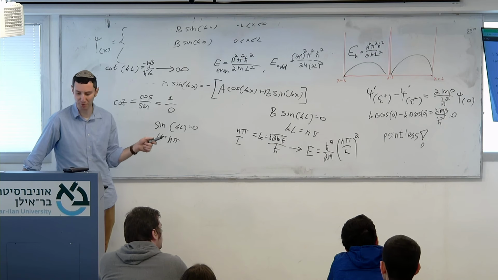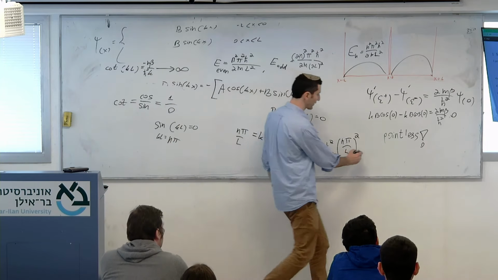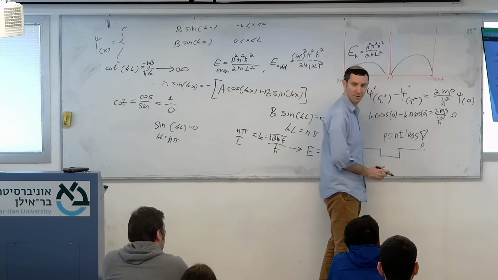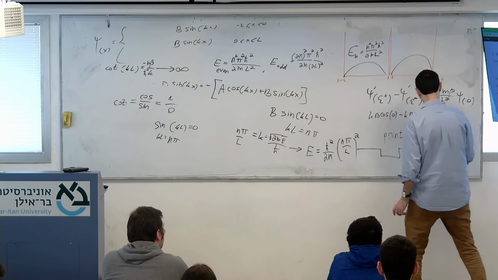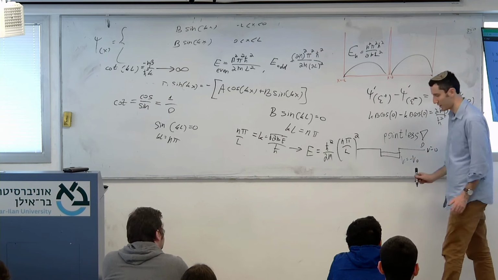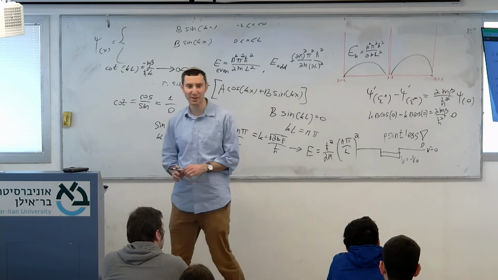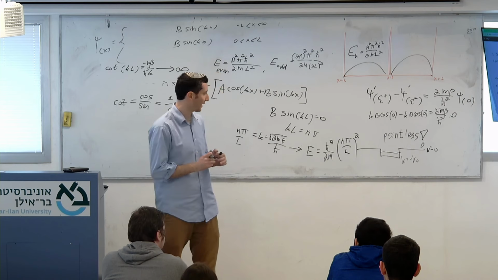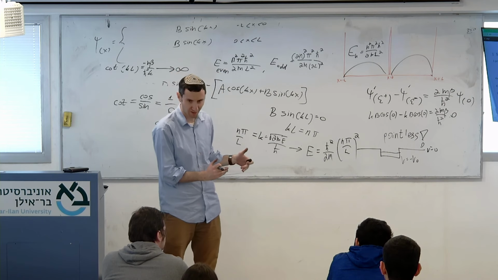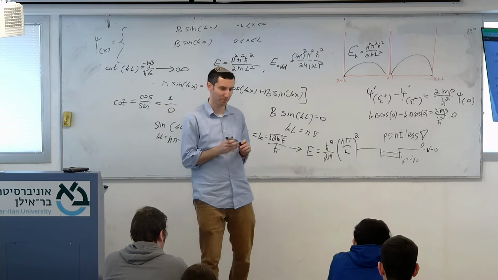Here it is finite on both sides, and the energy is going to be negative. So you're going to have a well like this. Here V is 0 and here V is minus V naught. And the energy is going to be here. And one can prove that, as I said before, for any finite potential well, there is at least one bound state.